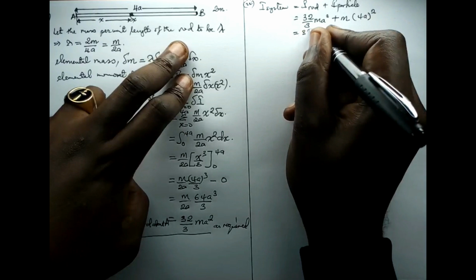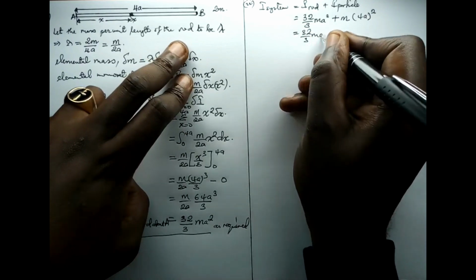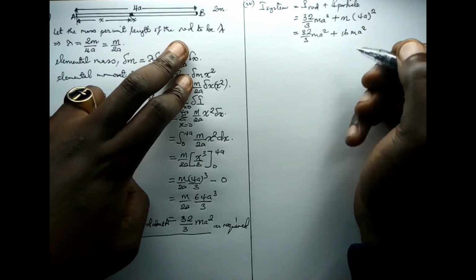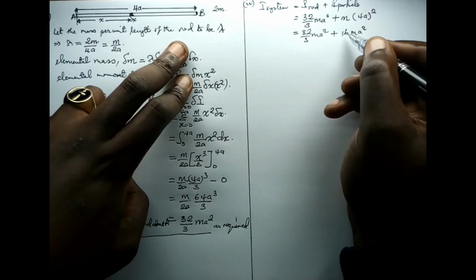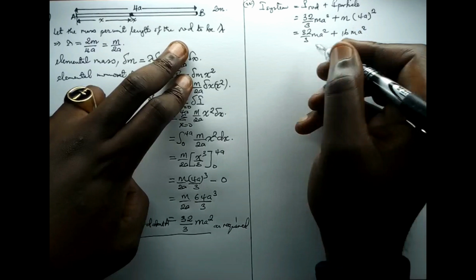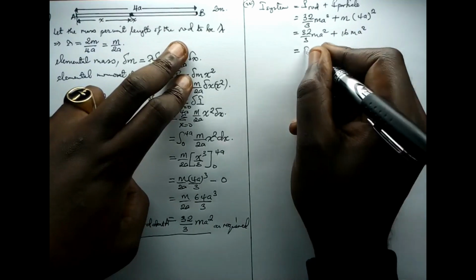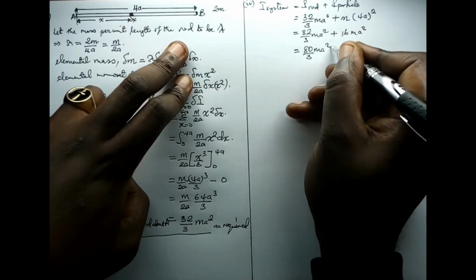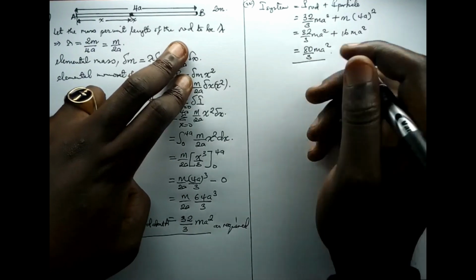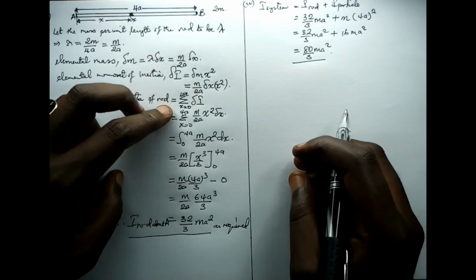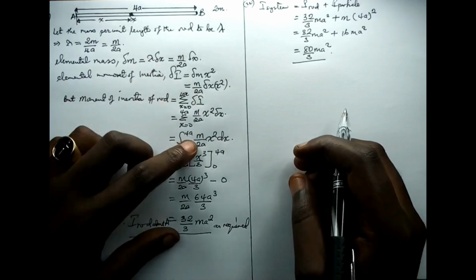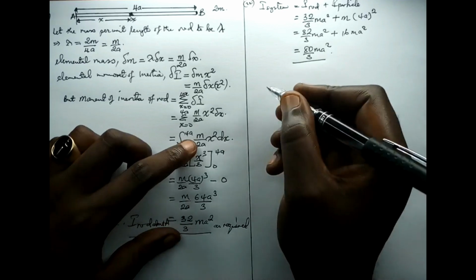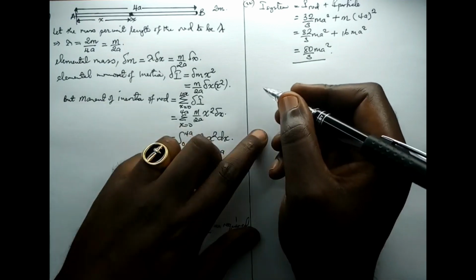So we get 32 all over 3 ma squared plus 16 ma squared. 3 times 16 gives 48, plus 32, 80 all over 3 ma squared is I system. We need it for the analysis of the rest of the question. Now we also need the center of gravity of the system.